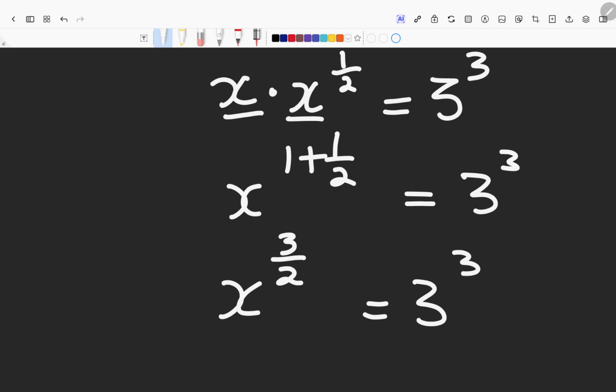Now, because we have this exponent and we are looking for x only, we need to kill it. How are we going to kill the 3 over 2? By multiplying by its reciprocal, 2 over 3. And when we do it on the left side, we do it on the right side, obviously.